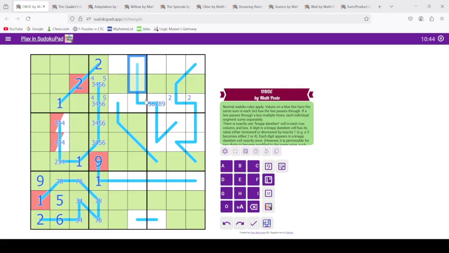I'm liking it so far. It's a good puzzle. So, no matter what this is, this has to have 1 with the other of 9 on there.